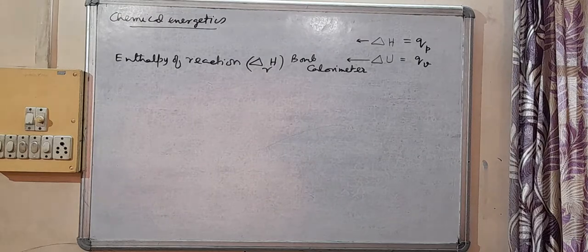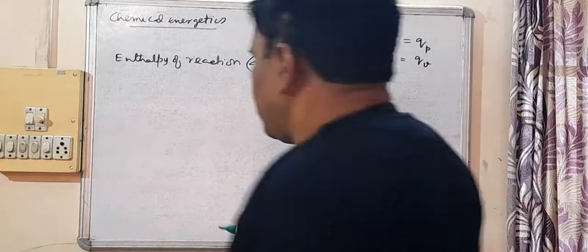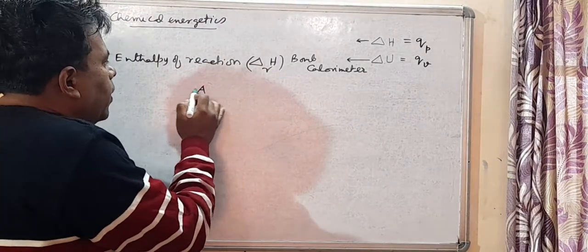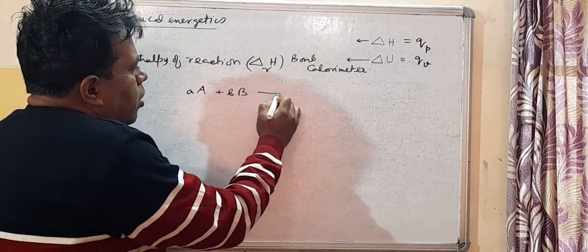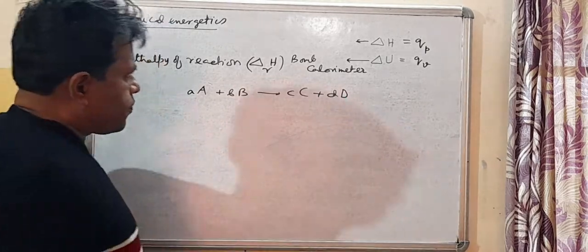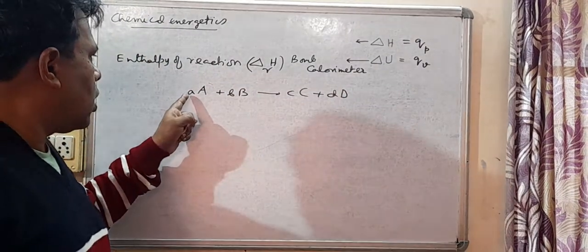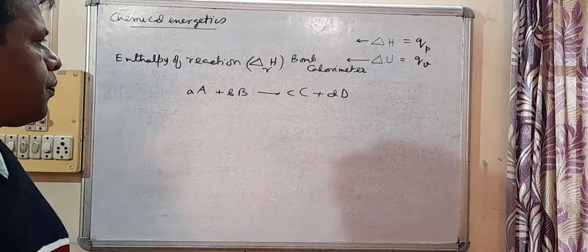So, what is enthalpy of reaction is, suppose we have a reaction, say aA plus bB arrow cC plus dD. Suppose this is a chemical reaction, and a, small b, small c, small d are the coefficients.